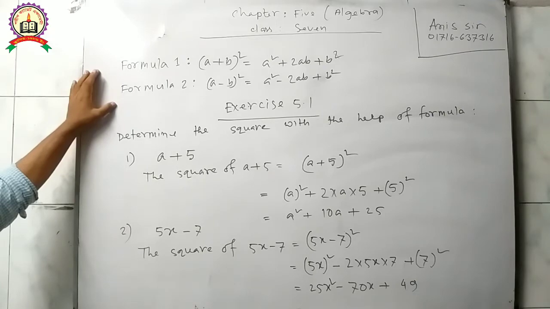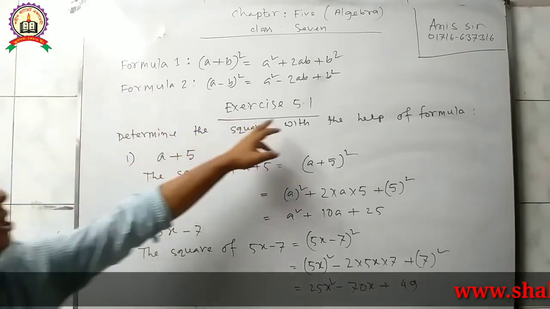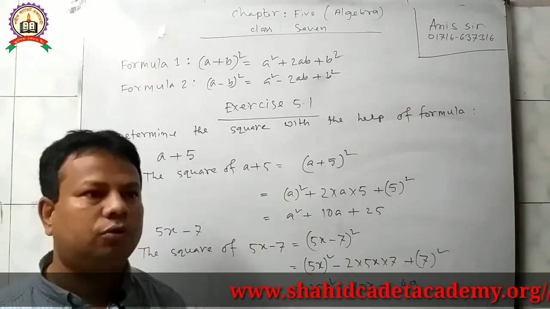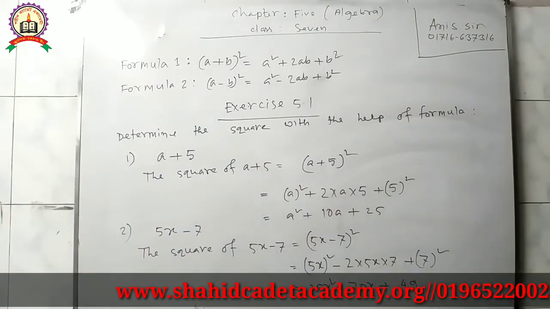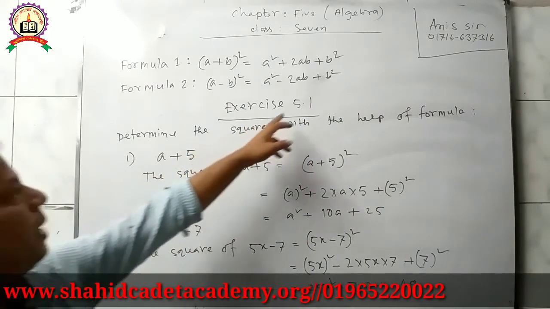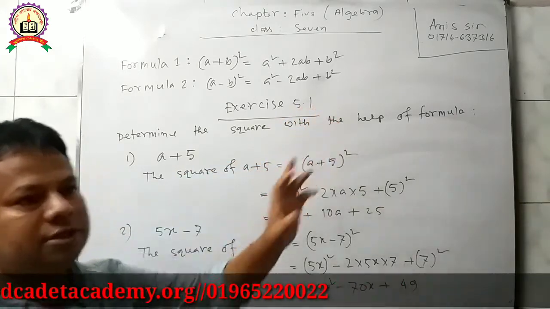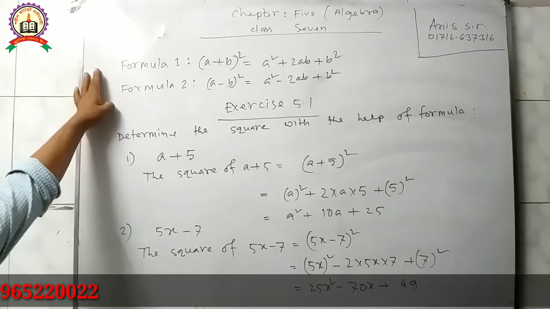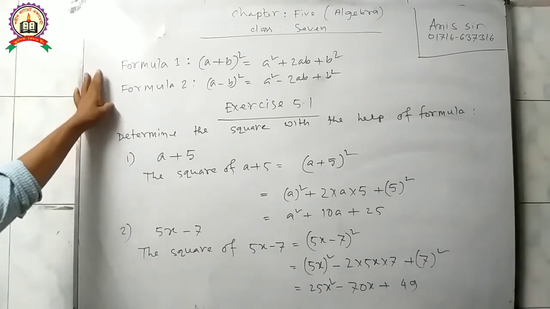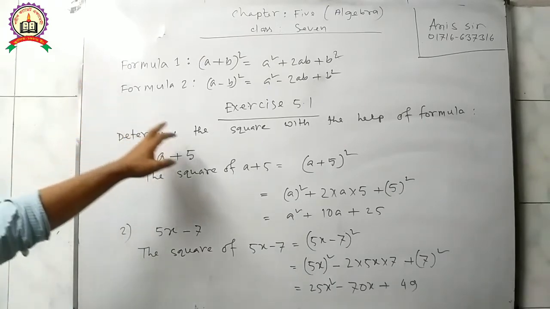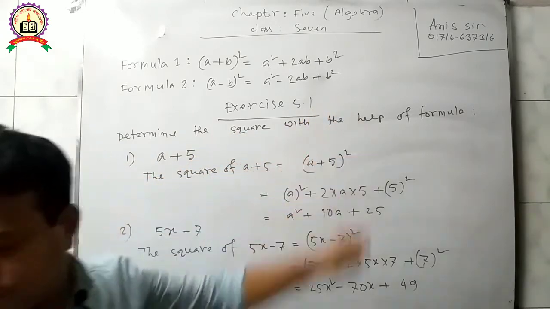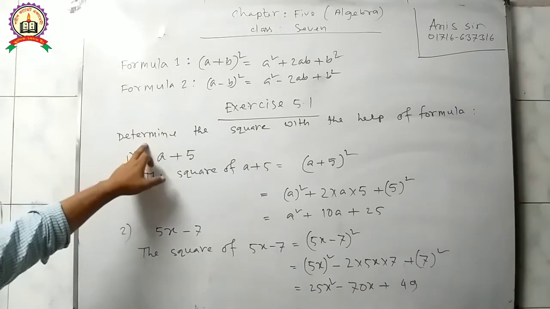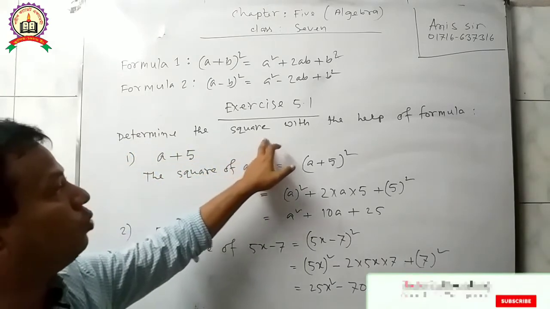From exercise 5.1 of the class 7 math book, I will solve some important maths using these two formulas. Exercise 5.1. The first question is: determine the square with the help of formula.